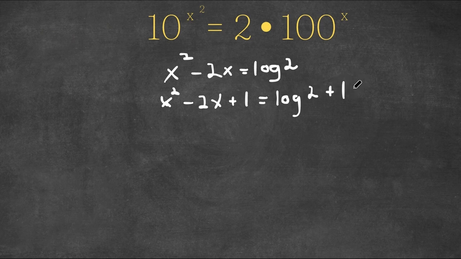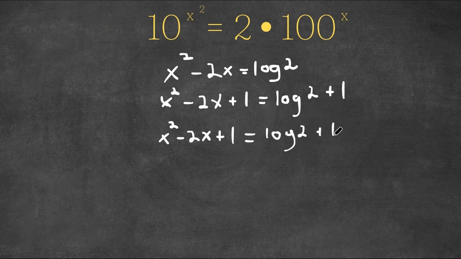Now 1 can also be written as log 10. So now we have x squared minus 2x plus 1 is equal to log 2 plus log 10.